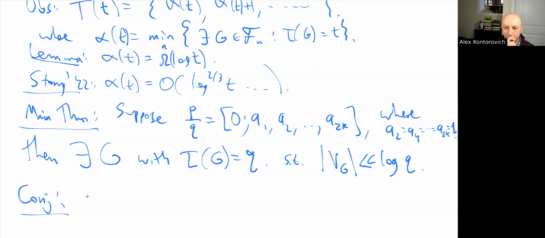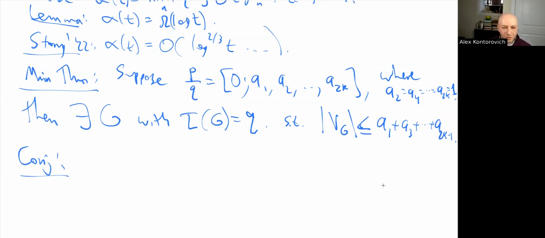I'm missing one little thing here, so let me make this more precise. This is bounded by, let's call this A1 plus A3 plus A, well, 2k minus 1. Okay, roughly.